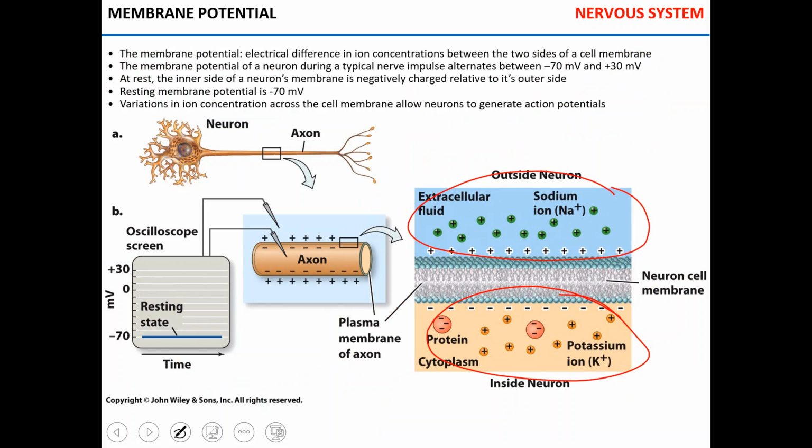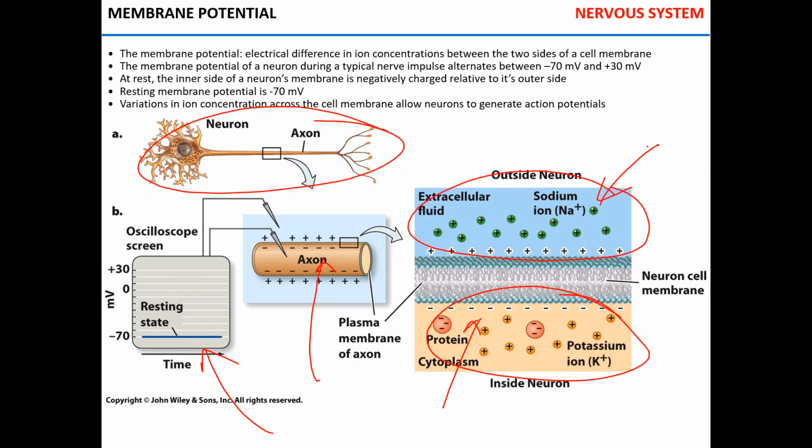So if you would measure a membrane potential, and you can do it in the neuron, it's going to have a negative value, -70 millivolts. You can see here that the charge on the inside of the membrane is negative, while the charge outside the membrane is mostly positive. So why is that important?